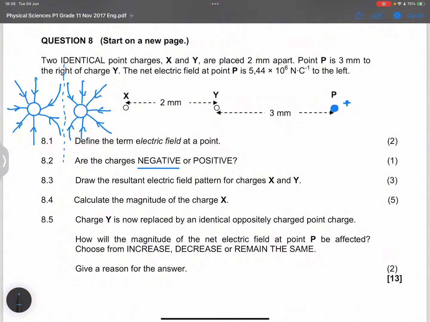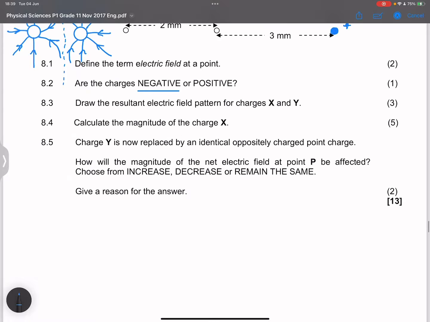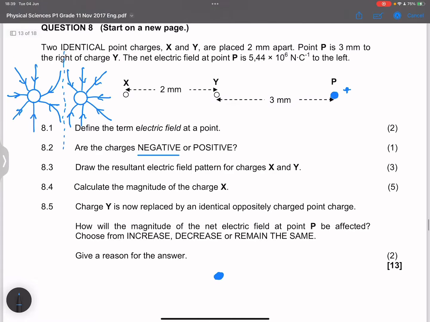So they say to us, calculate the magnitude of charge X. Now, remember that you've got the electric field on P because of X and because of Y. So X would be attracting that point charge, so EX, right?